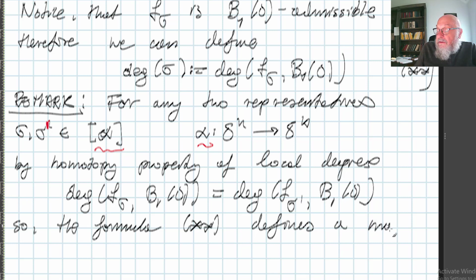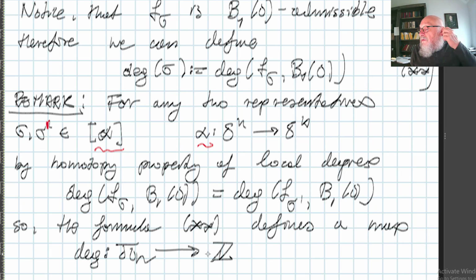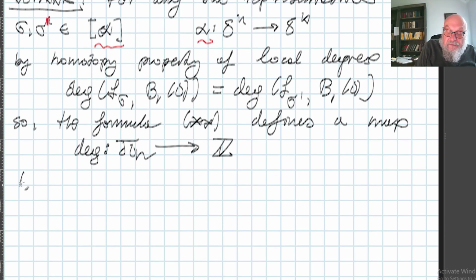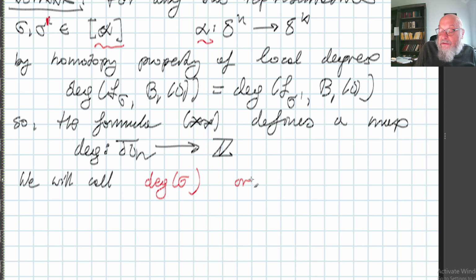This is degree, which is defined on the homotopy classes of these maps, and this goes to Z. And this map, so we will call, and let's write it down, deg of sigma, or deg of this homotopy class of sigma.